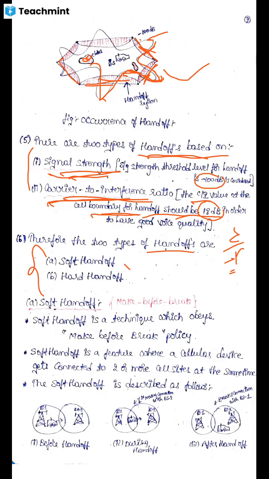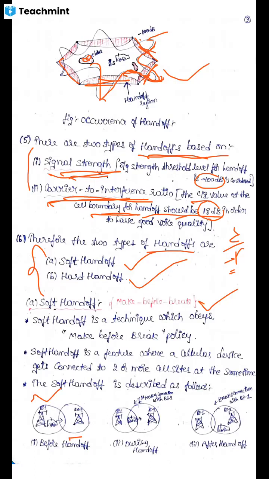What are the two types of handoffs? They are soft handoff and hard handoff. Soft handoff represents the policy make before break. Consider the diagram here. In this first diagram, the mobile unit is in base station 1, and it is moving from base station 1 to base station 2.